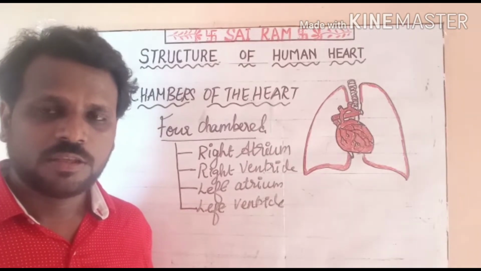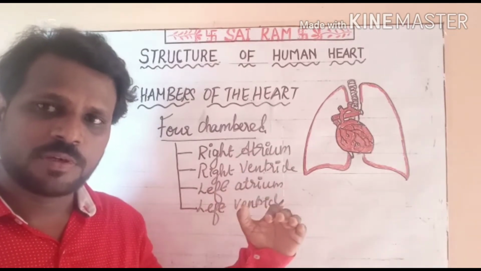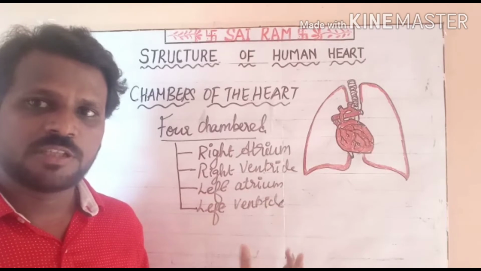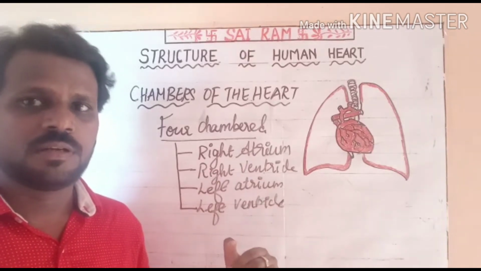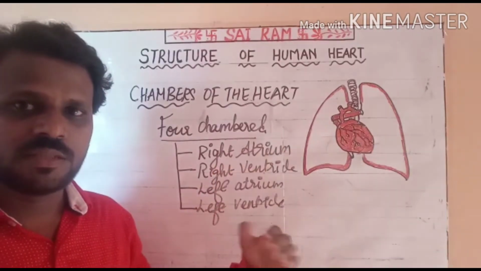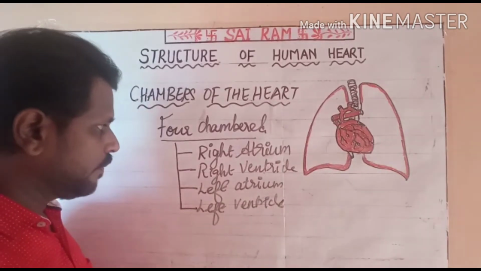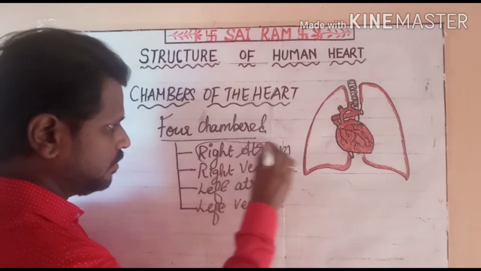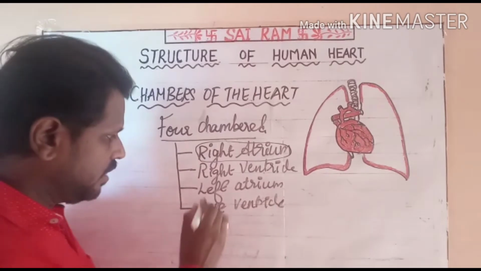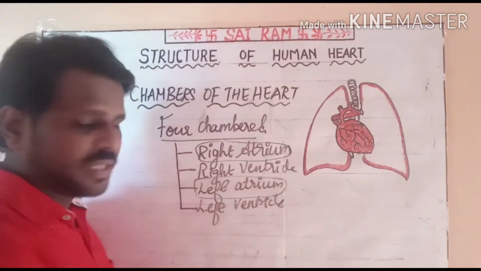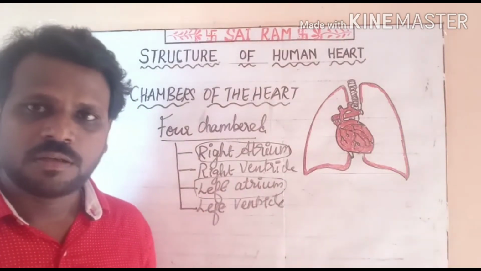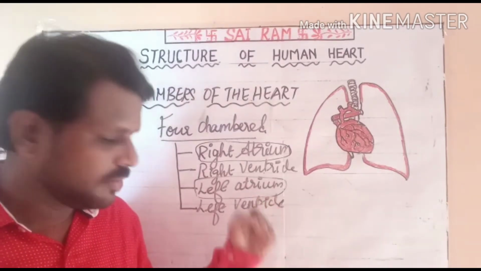The smaller chambers, the right atrium and left atrium, are placed in the topmost part of the heart, and the larger chambers, the ventricles, are placed below the atria.